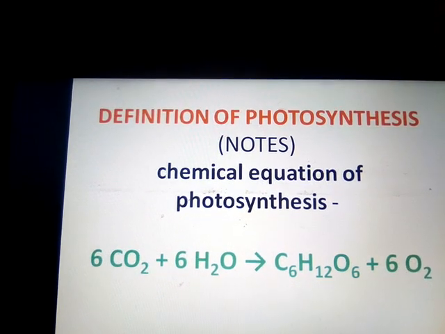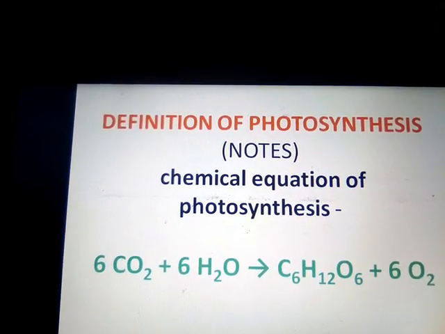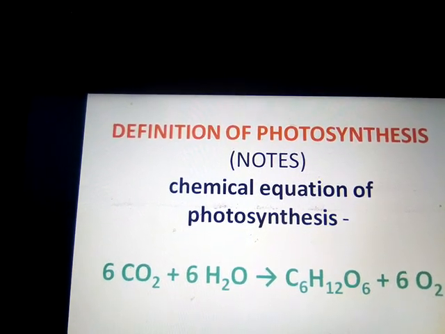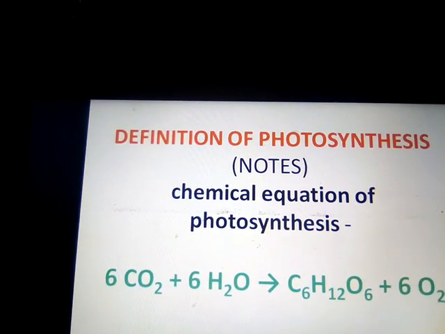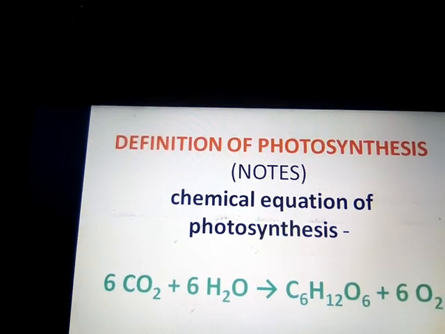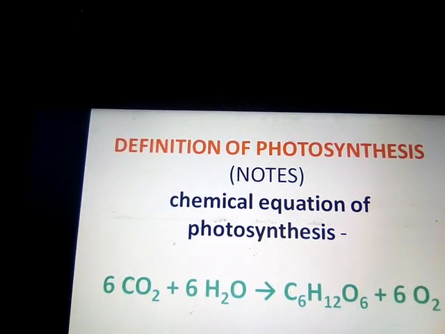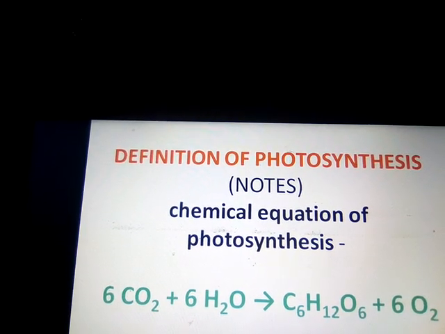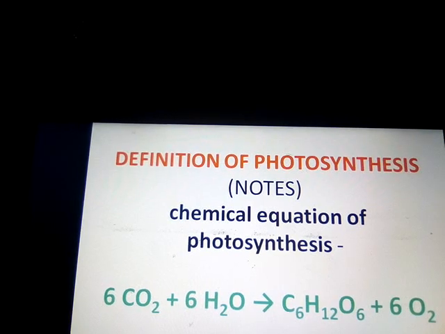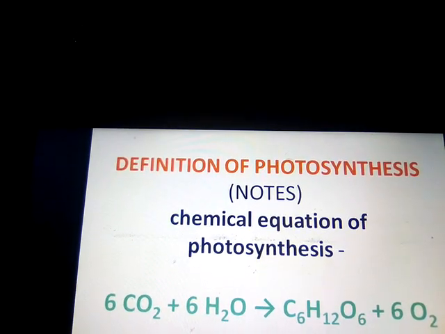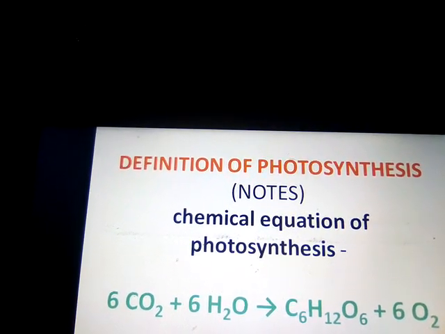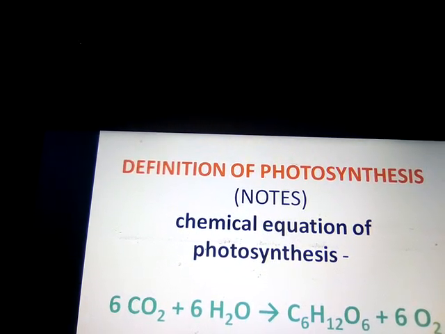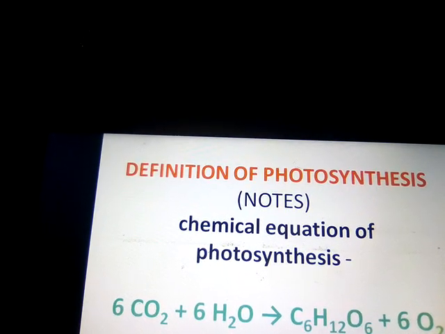An equation which sums up this process, though not a very accurate representation of the many steps which actually take place, is given below.